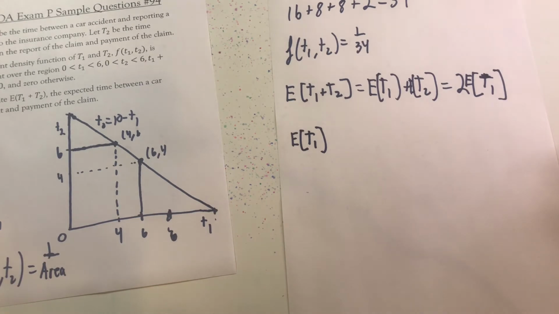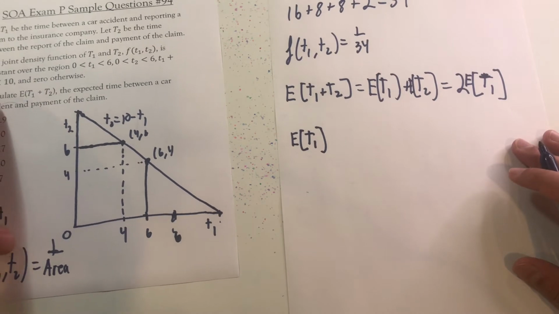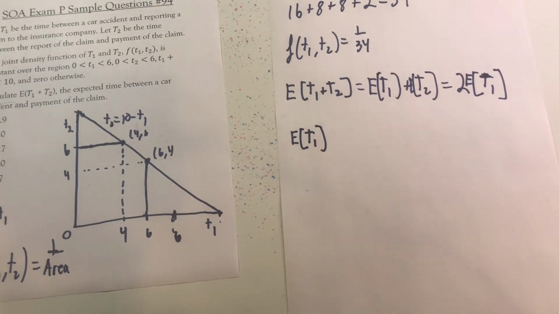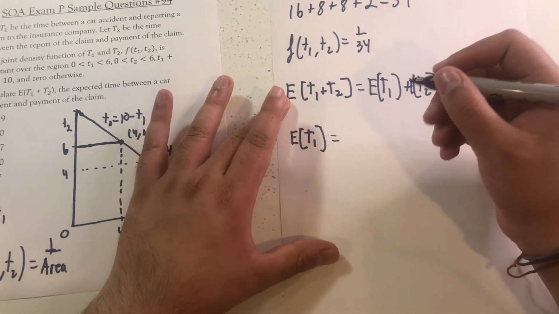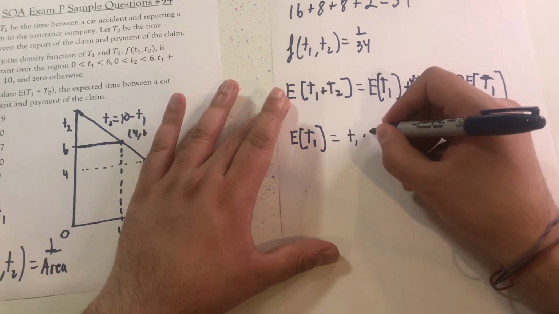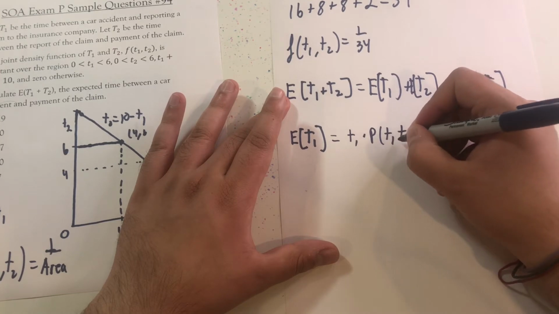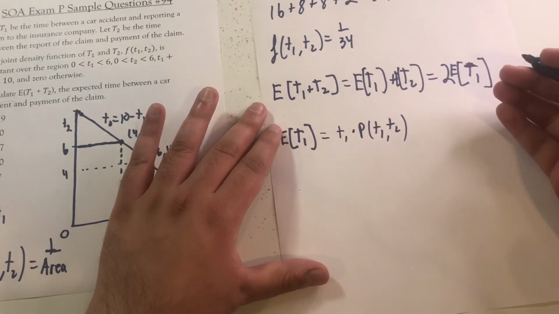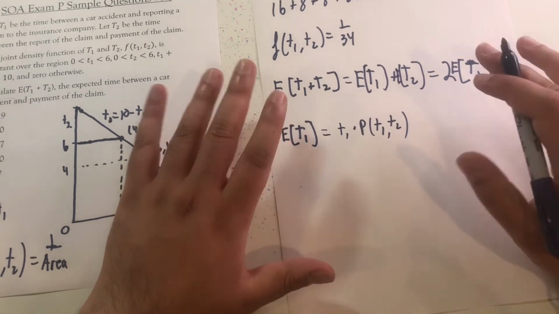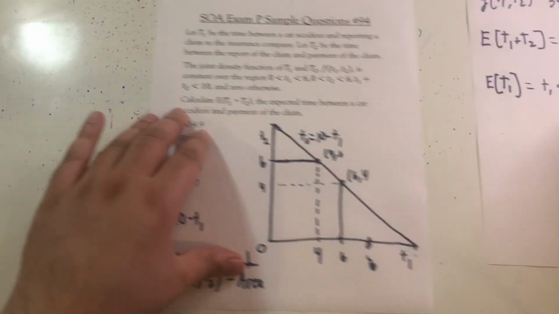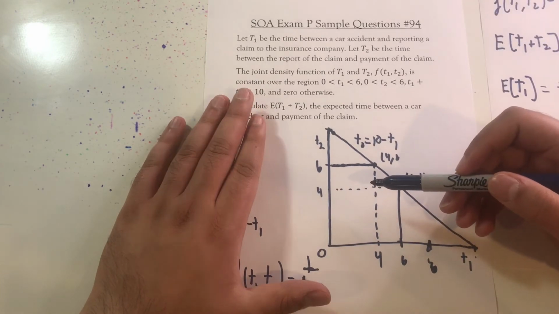So how can we find the expected value of T1? Well, we're going to set up an integral, right? So this is going to be equal to T1 multiplied by the density f of T1, T2. And that's going to require some integration. One thing we're going to notice is we've got a few different ranges for T2, right?